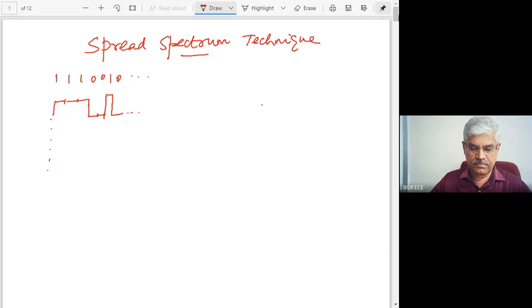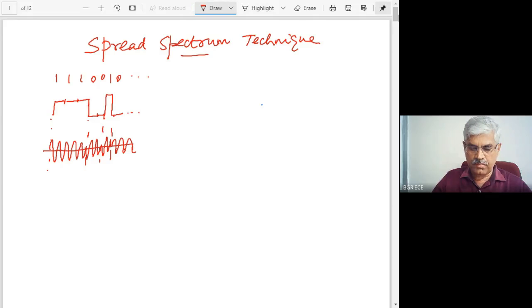Correspondingly, there is a waveform, something like this. Okay, for each bit there is one.